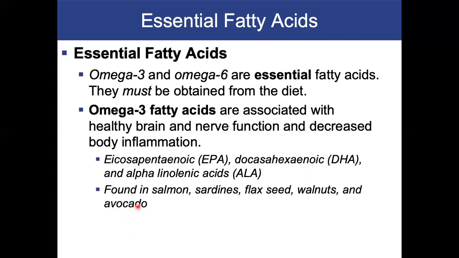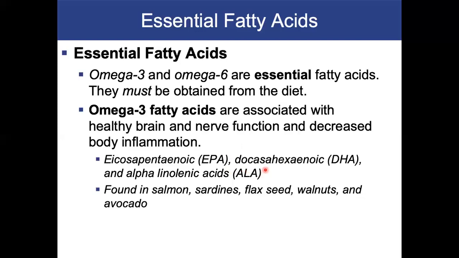Avocado has a lot of alpha-linolenic acid. It doesn't usually have docosahexaenoic acid. DHA, not all the time, but you have to get it primarily in cold water fish. A lot of the vegan sources, like flaxseed, walnuts, nuts, seeds, and avocado, have ALA.